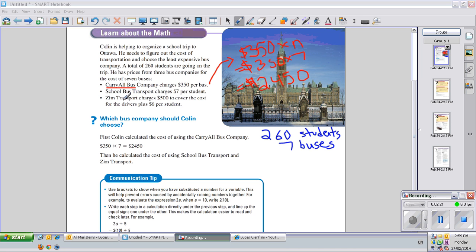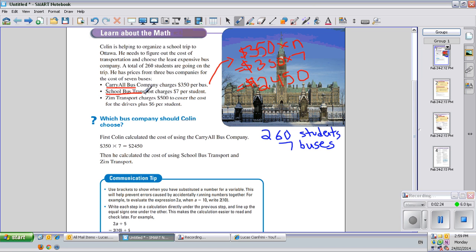If we look at the school bus transport company, we know that they charge $7 per student. So our $7 would stay the same. And what would change is the amount of students that are on the trip. So the amount of students would become our variable. So it'd be $7 multiplied by n, and n would represent the number of students.